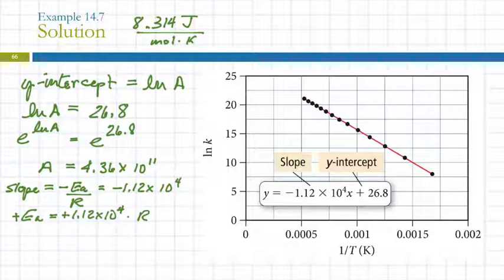Are we okay with that? And now here for R, I'm going to plug this in. So R is 8.314 joules per mole Kelvin.